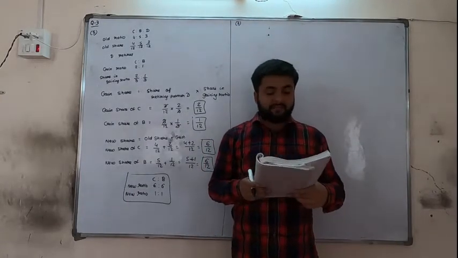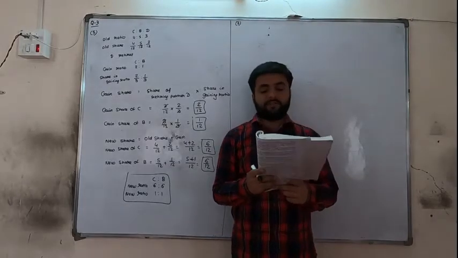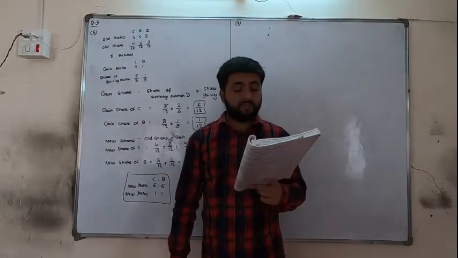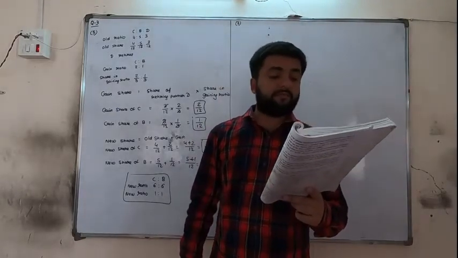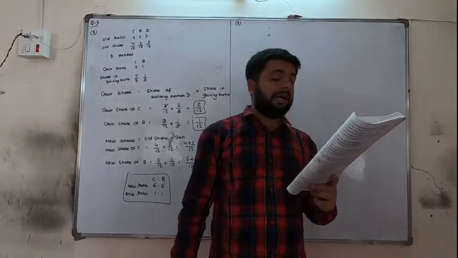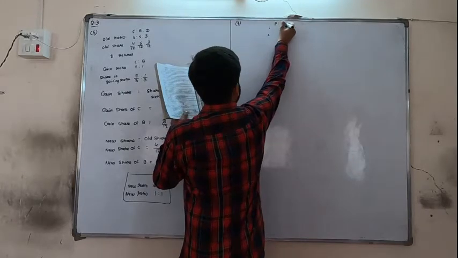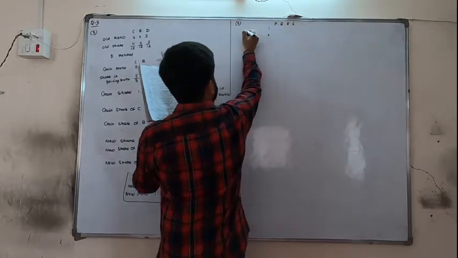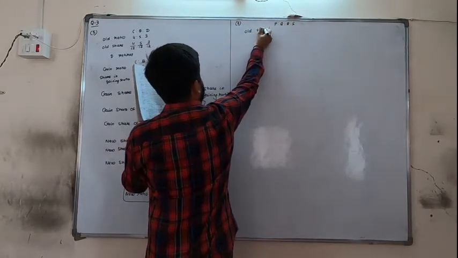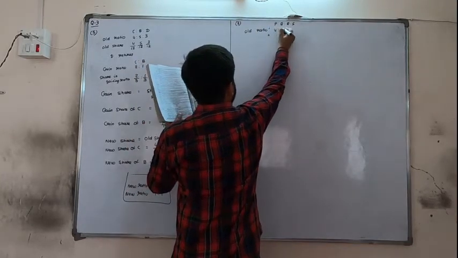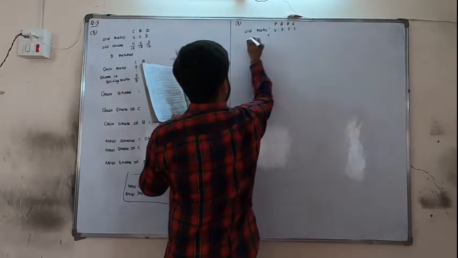P, Q, R, S are partners sharing profit and loss in the ratio of 4:3:1. Q retires and his share of profit is gained equally by R and S. Okay. P is to Q is to R is to S. Old ratio is 4:3:2:1.